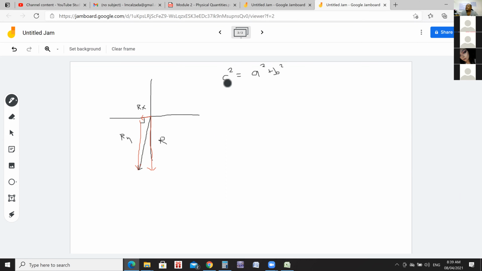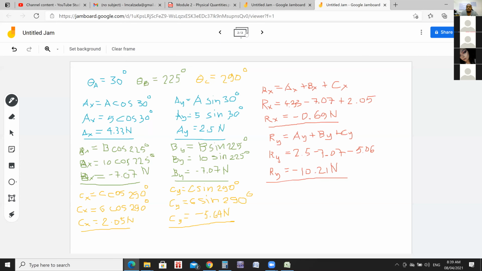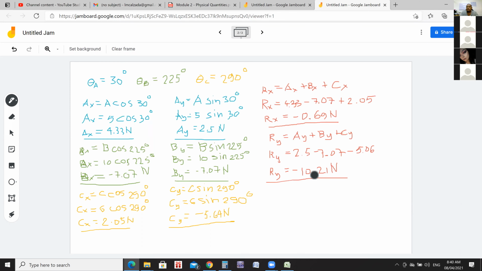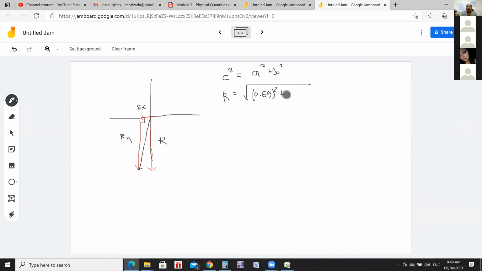So the hypotenuse here is R. So we say R is just equals to the square root of, to remove the R squared, the square root of Rx, how much is Rx? Negative 0.69. Since it is squared, it automatically becomes positive, so you can put it with or without the negative. 0.69 squared plus Ry. How much is Ry? Negative 10.21. Again, it is squared, so the negative no longer matters.